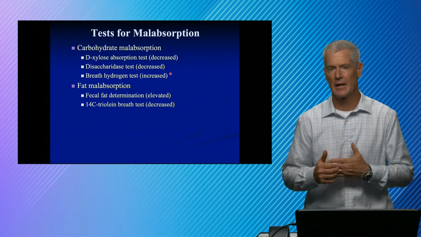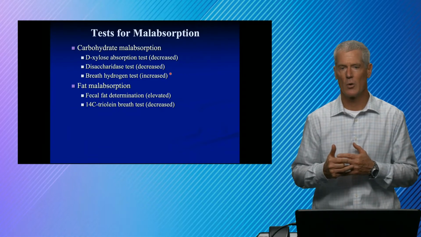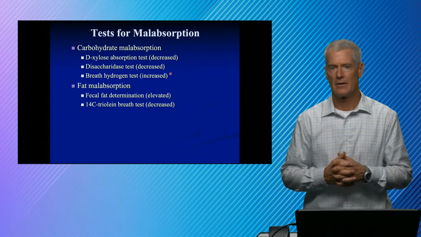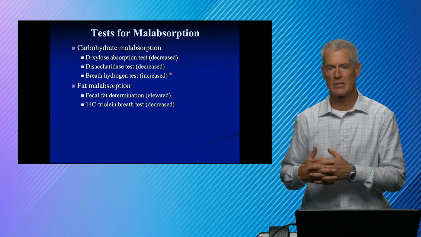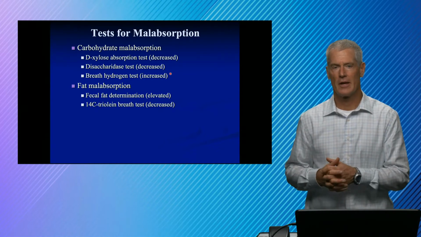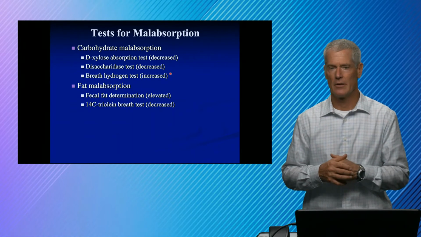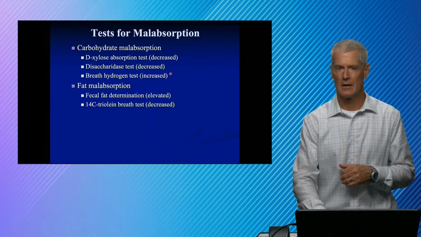Another way to do that, maybe a little bit more pleasant way, is to give C14 labeled triolein, which is a fat that contains a radio label. It's a small dose of radiation, and basically you measure that in breath. If they're absorbing it, then they're metabolizing it, and you're going to excrete out the C14. If not, then you will have a low amount of C14 in the breath.